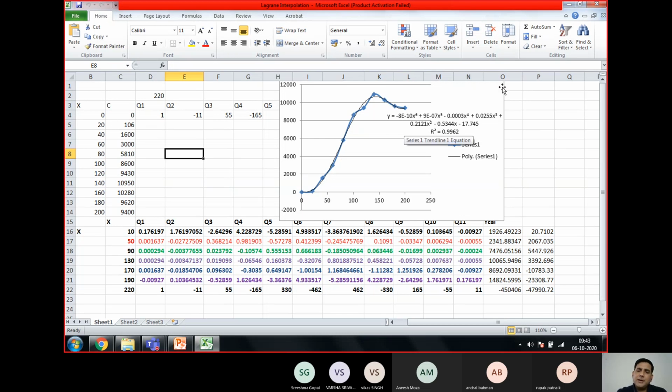You can check your intercept, or check your values by putting in your data at initial conditions. Does it satisfy that or not? If you put 0 here, y is coming out negative, which is not satisfying. So you must always decide whether your fitting has an intercept or not. Yes, sir. Always take care of this.